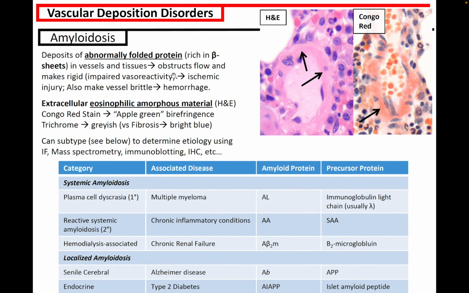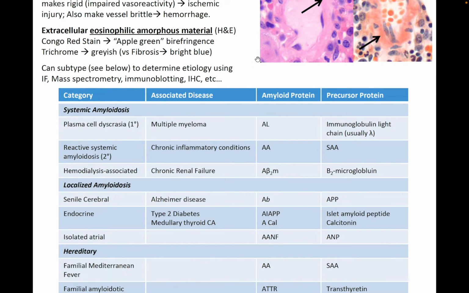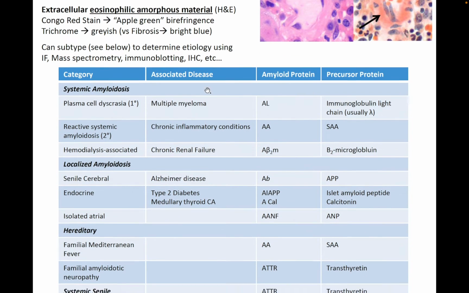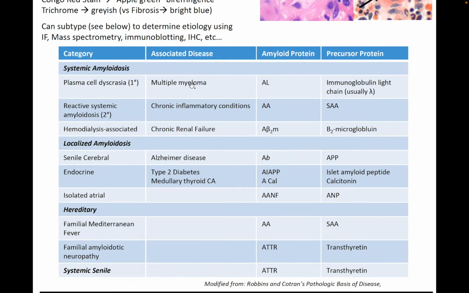And with the trichrome, it can lead to a grayish type stain, which will indicate that amorphous deposition of the amyloid, or if there's fibrosis, you'll have a bright blue staining. And you can subtype amyloid based on the table below to determine etiology using IF, mass spectrometry, immunoblotting, IHC, and more.